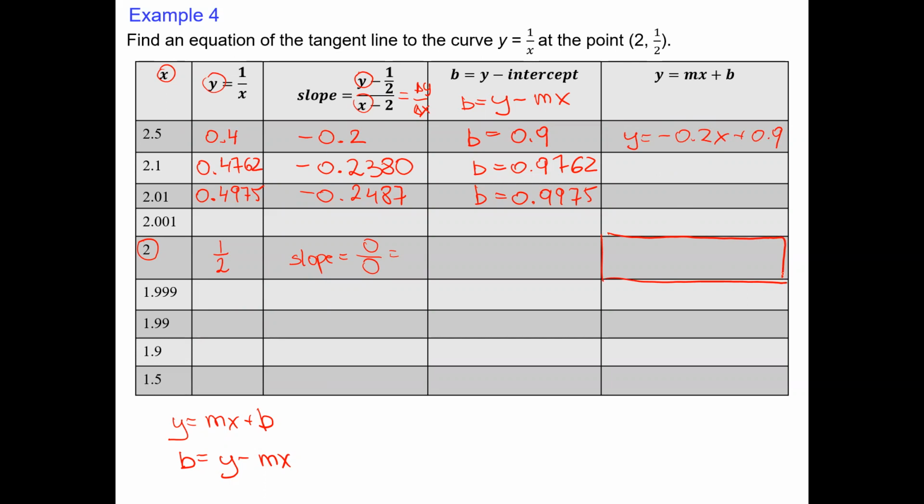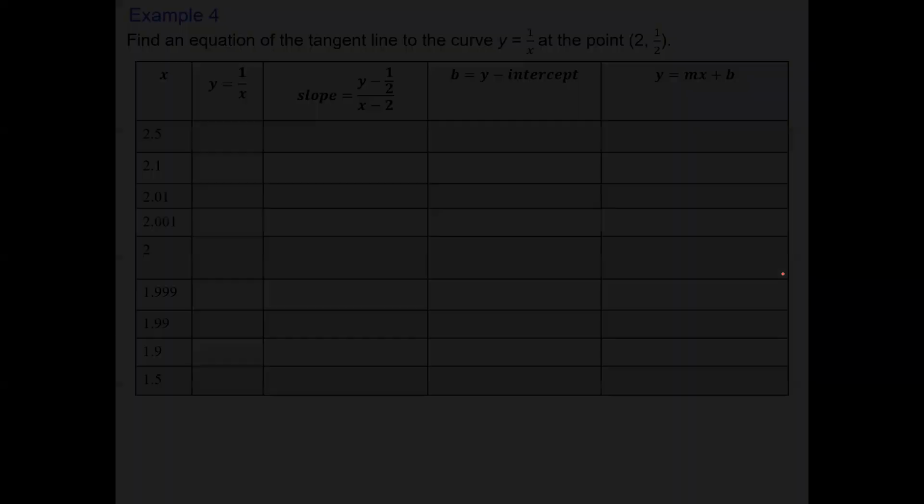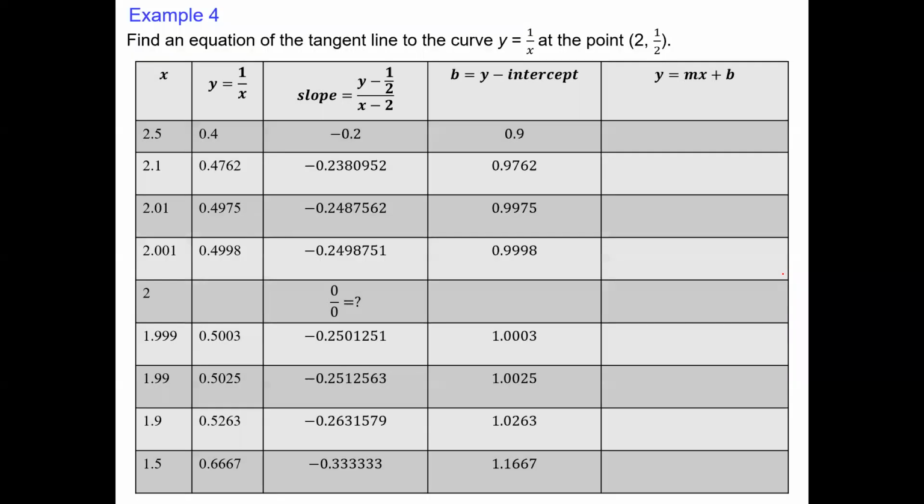Okay, and let's see all of the values. I will change the slide. Okay, those are the same values that I typed and wrote down. Let's see the slope, one more time: negative 0.2, negative 0.238, negative 0.248, negative 0.249.